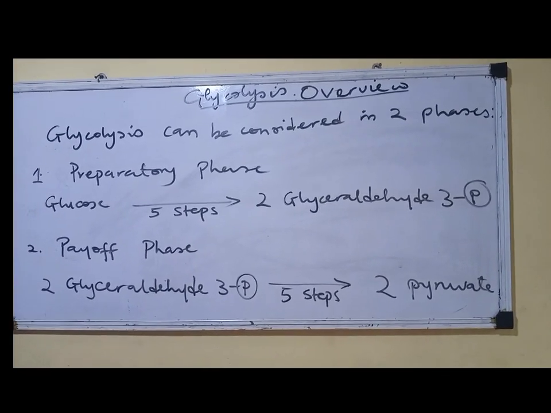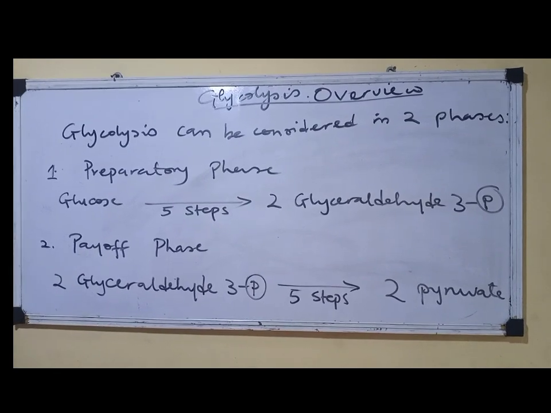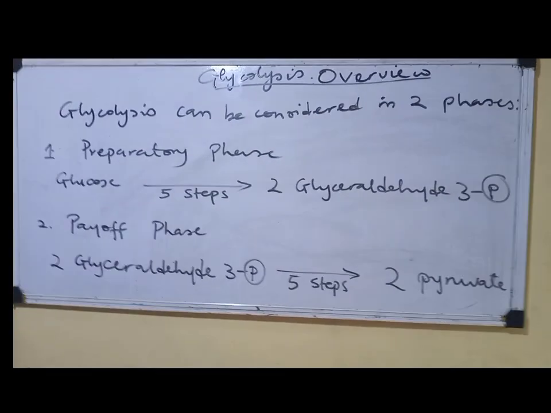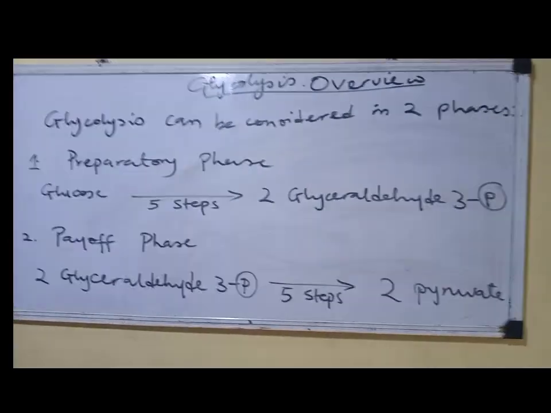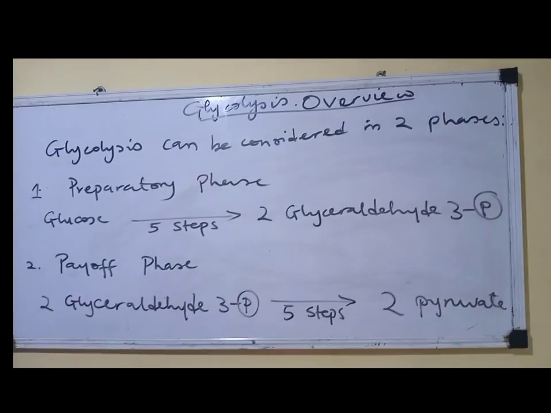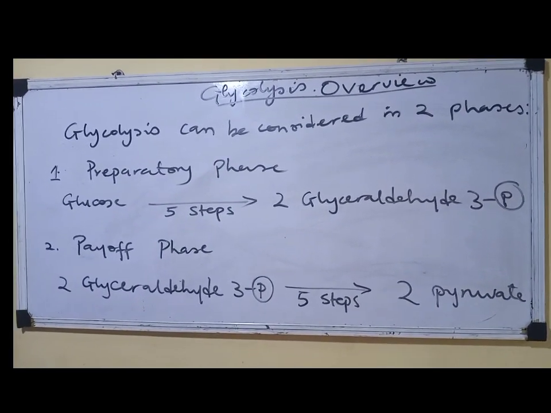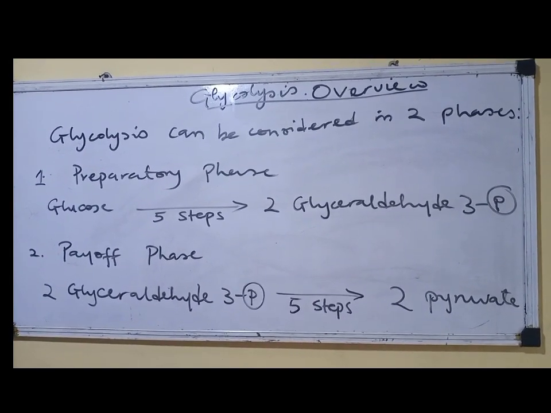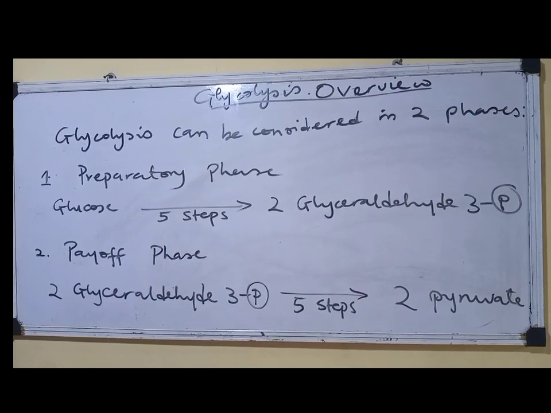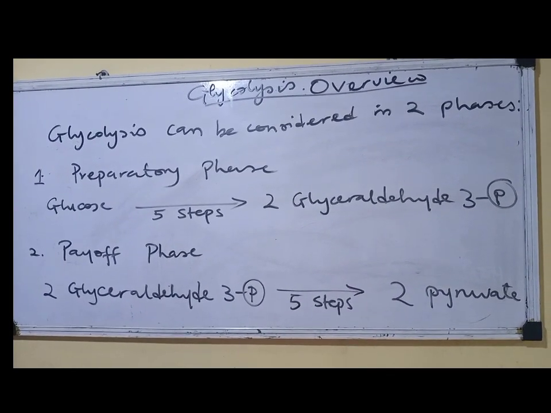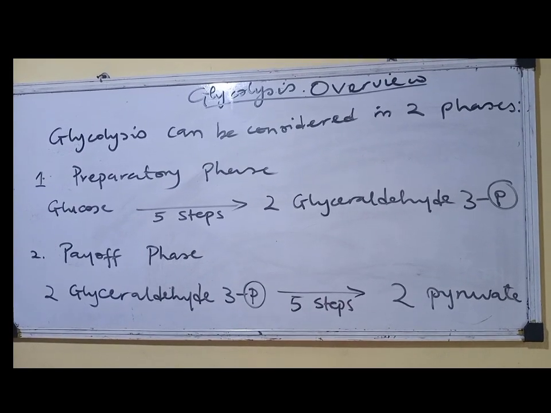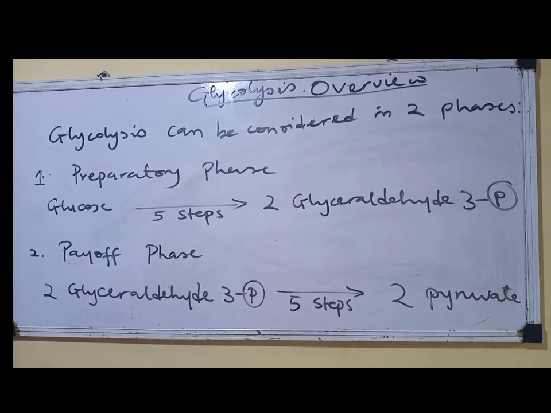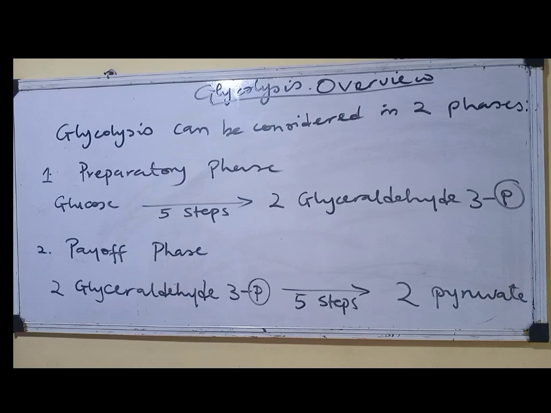Now, those 10 enzyme catalyzed steps are considered in glycolysis under 2 phases. We have the preparatory phase and what? The payoff phase. In the preparatory phase, a molecule of glucose undergoes 5 enzymatic steps to produce 2 molecules of glyceraldehyde 3-phosphate.